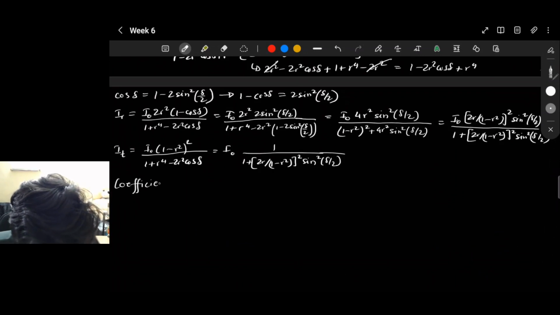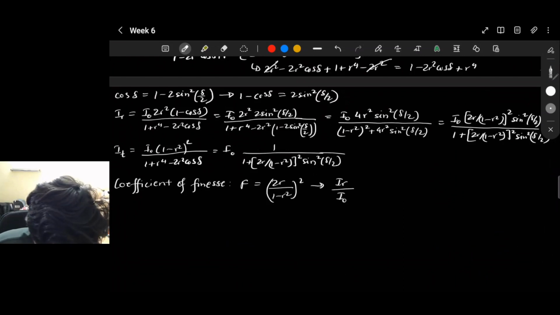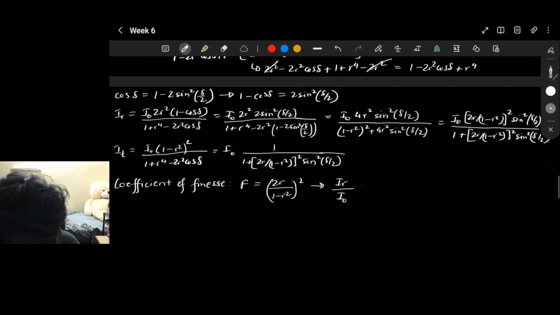So now I define something which is known as the coefficient of finesse. You see this term that I took common is the coefficient of finesse, and what this means is that if I take the ratio of reflected to the incident intensity, then it comes out in this form, as a function of this coefficient of finesse and delta, the phase difference between successive beams.